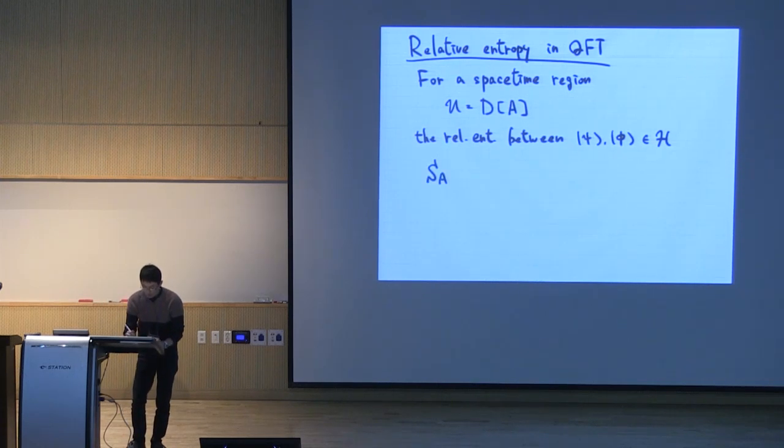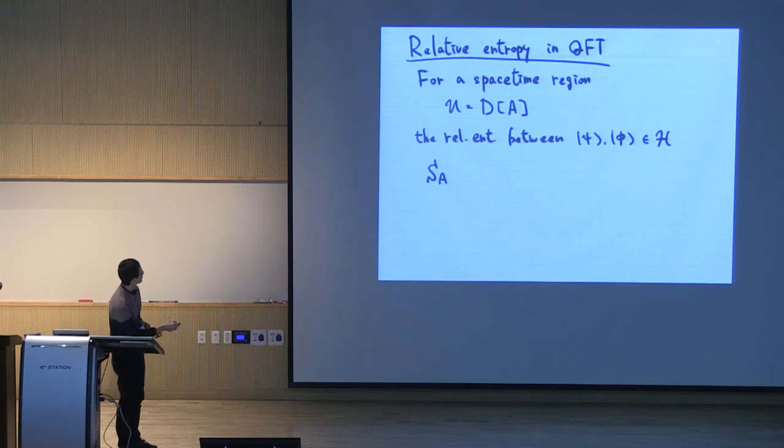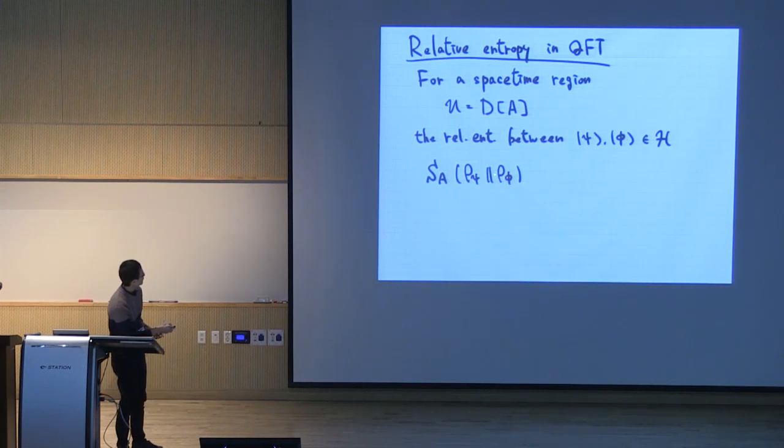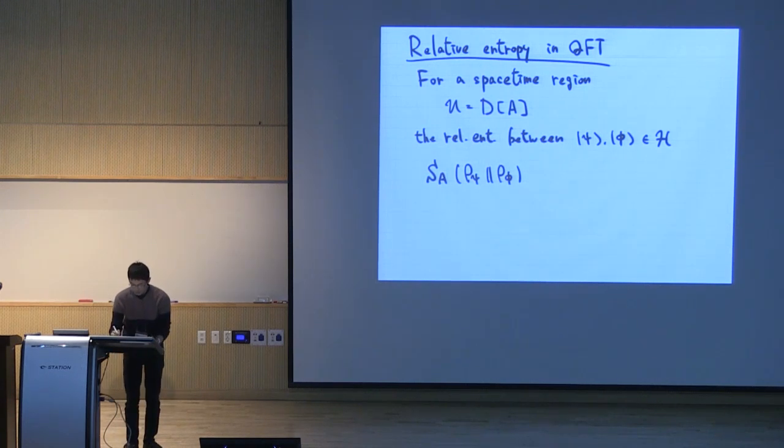Then you can define the relative entropy associated with, say, the subregion A as follows. So now you have two density matrices. Actually, I define them as pure states.